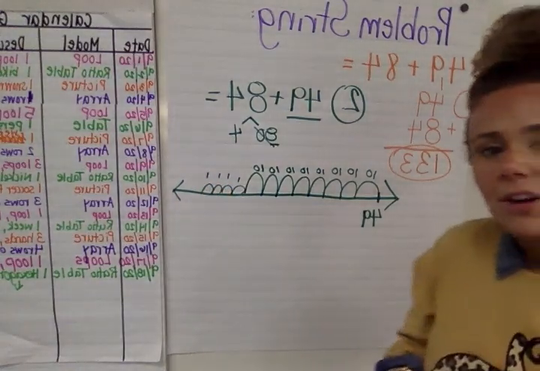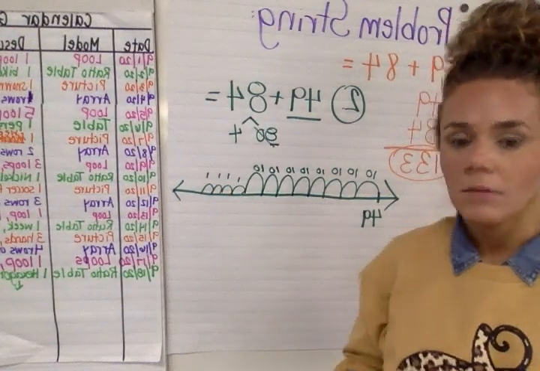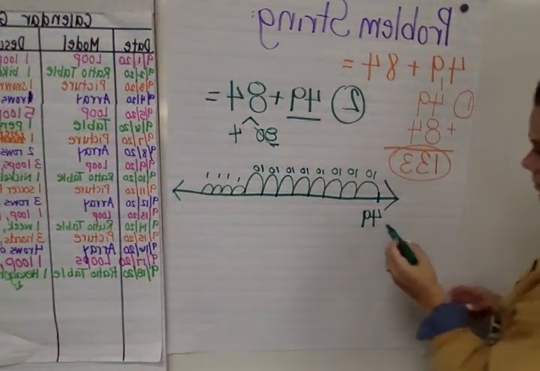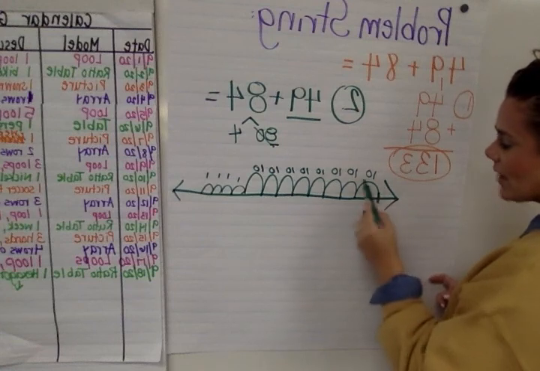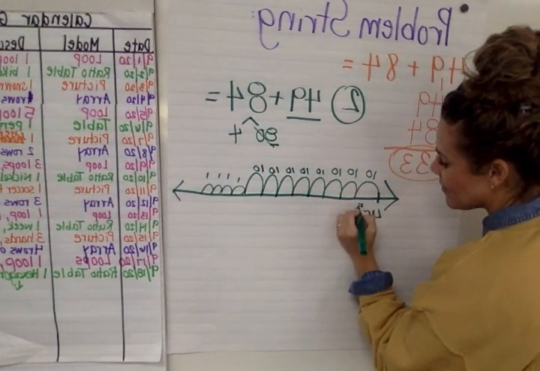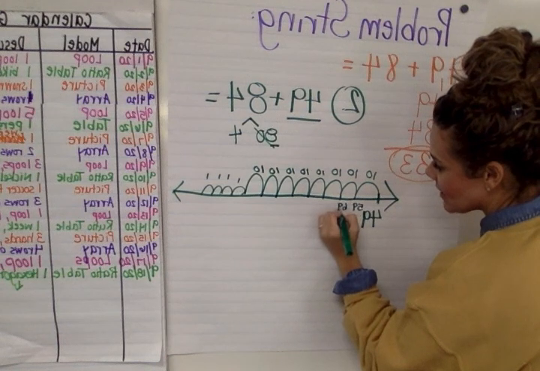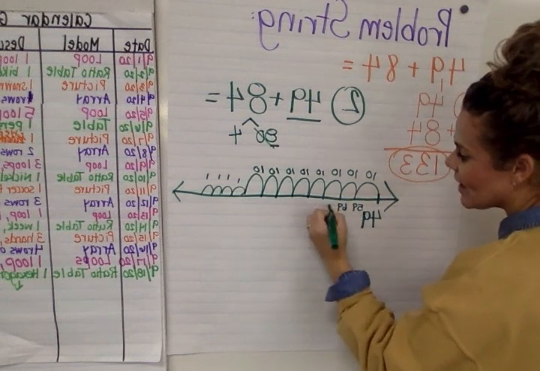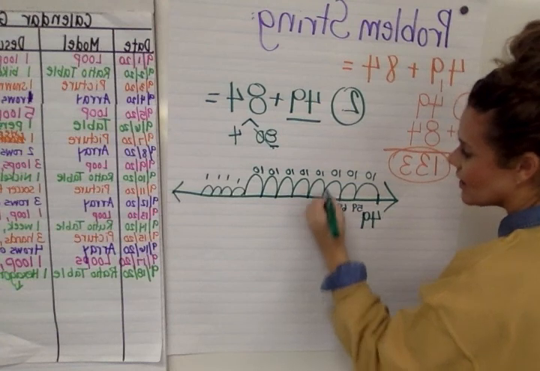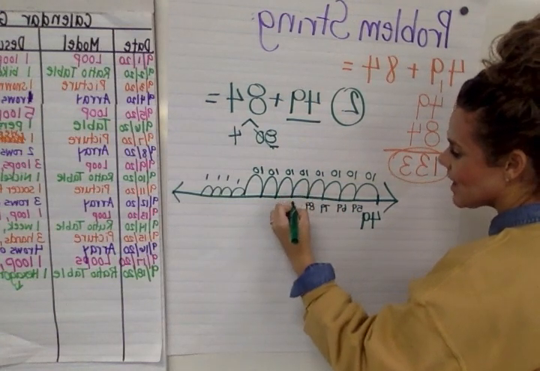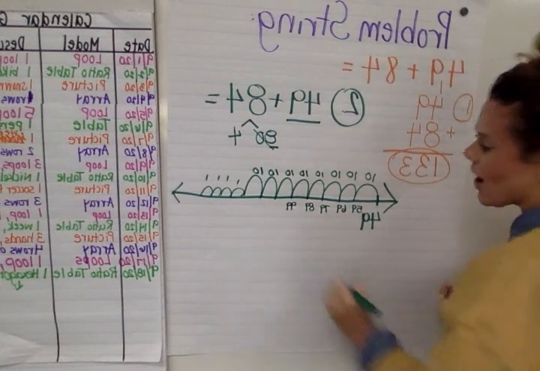You should be thinking in your head, is she done? Well, no, I don't have my answer yet. I have to label. So let's look. I'm at 49 and I jump by 10. I'm at 59, jump a 10, 69, jump a 10, 79, jump a 10, 89, jump a 10, 99. Let's pause.